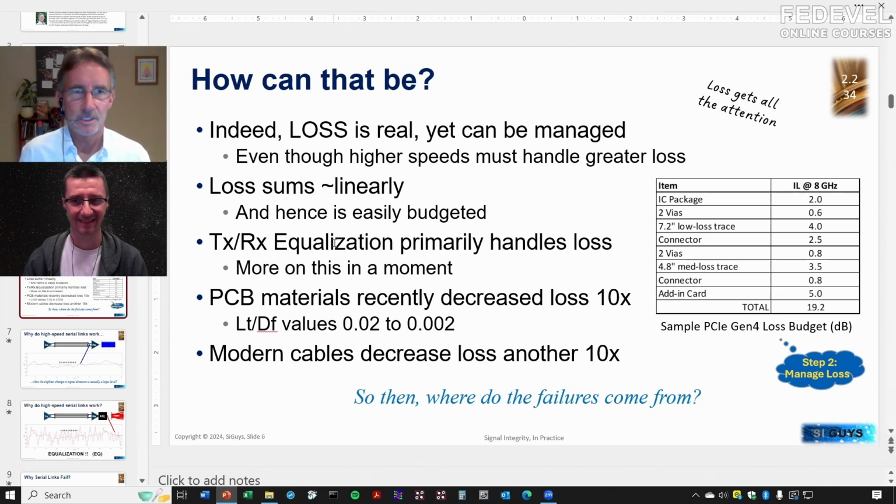I'm going to show you a waveform in a second. It's just unbelievable that this unintelligible waveform that shows up at the receiver is actually recovered. The receiver equalization, as you said, is smart enough to recover a signal.